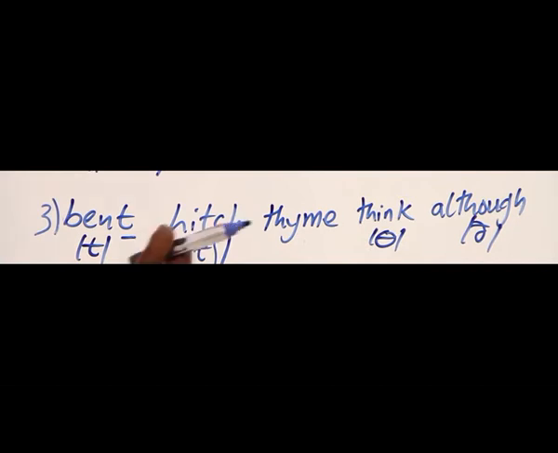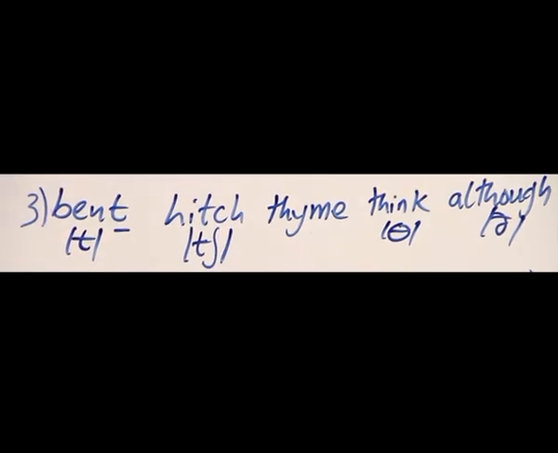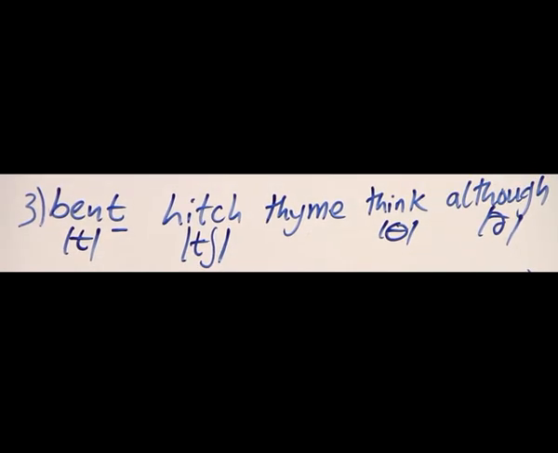So what about option B? Remember we said that when T combines with H, it will either produce this sound in think or this one in although. Having said that, option B is an exception. It's the only word that has TH.